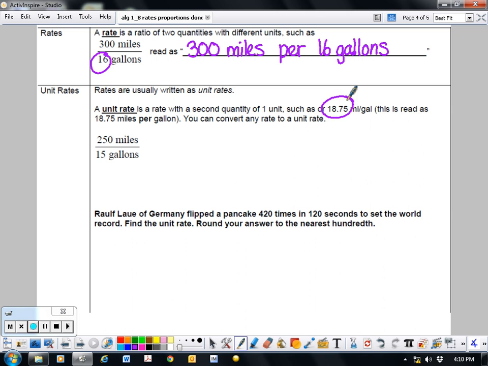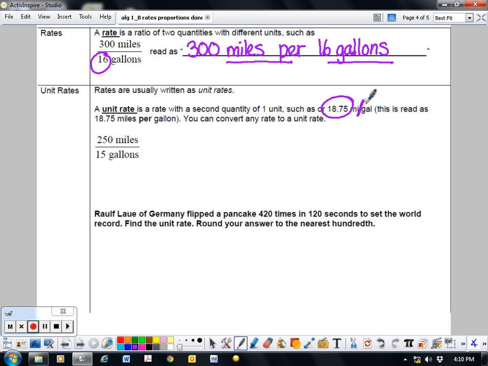And so then we go back to this miles per gallon. So when my car traveled 300 miles on that 16 gallons, I was averaging 18.75 miles per gallon. Remember that slash means per gallon. Because I took that bottom number and I changed it to 1. I changed it to 1 by actually dividing.